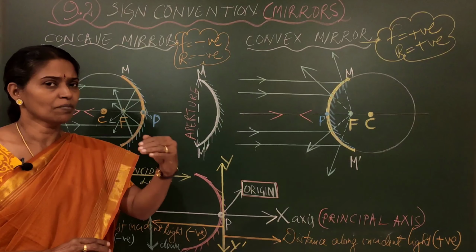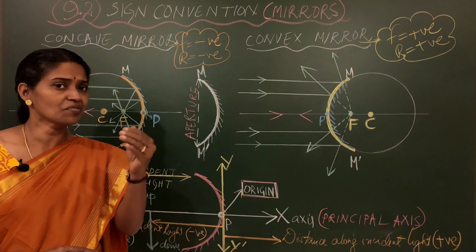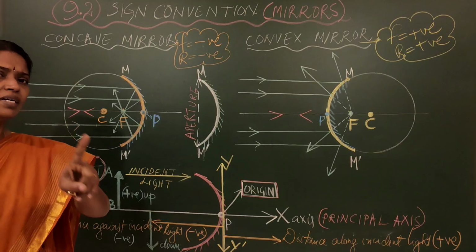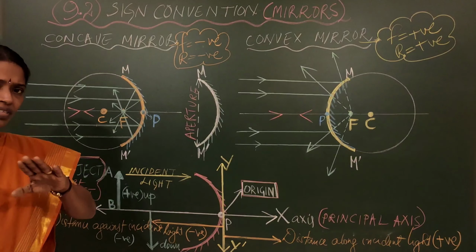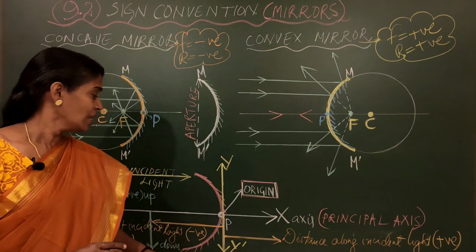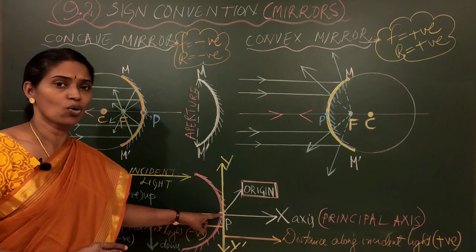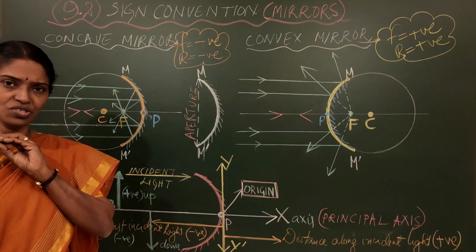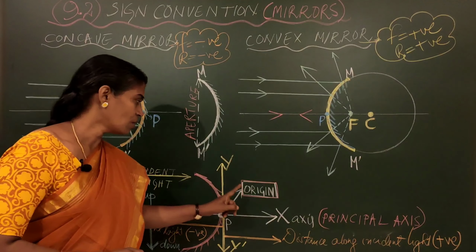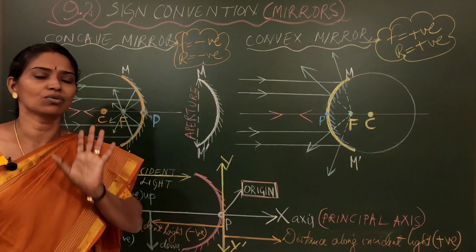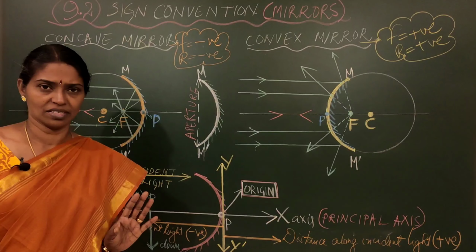Sign convention: in the previous video for lenses, I have told all these things, just adding only a single point. Rest of the things we have already discussed, only a single point I am going to add. Instead of the optic center O as origin there, here you will take the pole as the origin. That's the only difference.